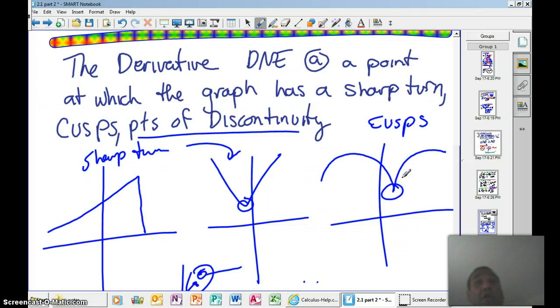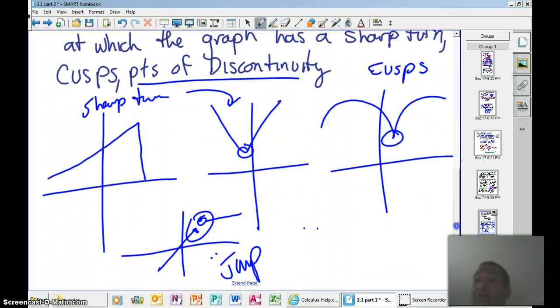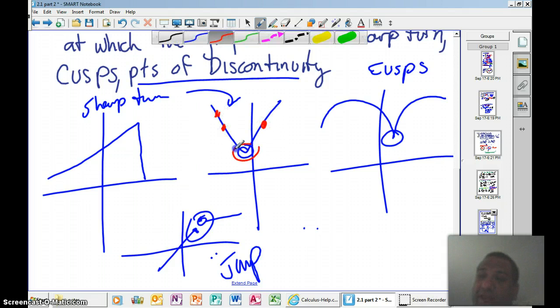The cusp we call the seagull, because it looks like a seagull. If you drew a seagull back in 3rd grade like I did, it looked like that. Or even now, when I'm 40 plus, I'll draw a seagull like that. And points of discontinuity have a jump. The derivative doesn't exist at those points. Remember, the derivative can exist here, here, here, but at these points, those are your problems.